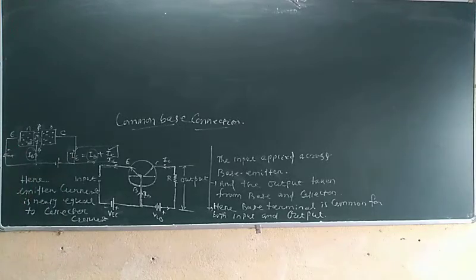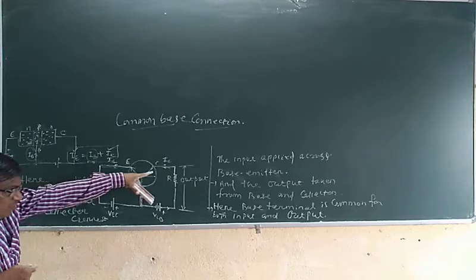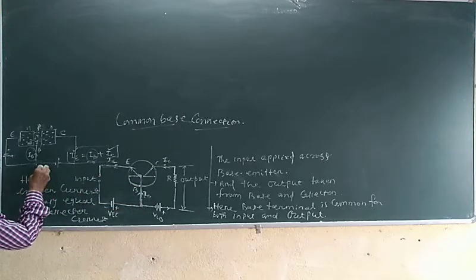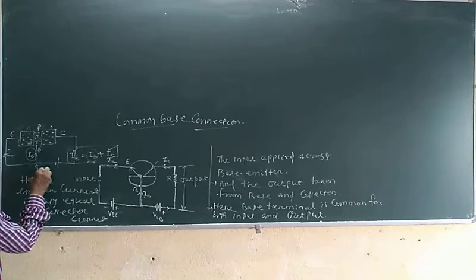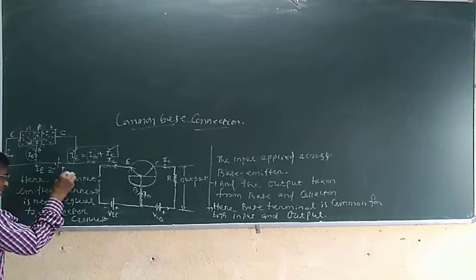So in this section, the ratio of collector current and emitter current is nearly equal to 1. Why? Because the emitter current IE is nearly equal to IC.